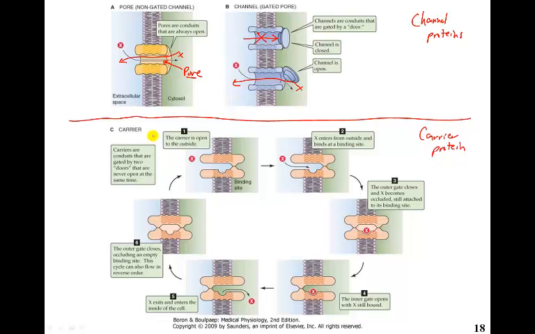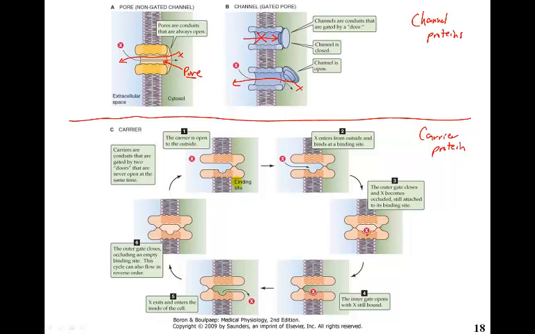Okay, and then we have the other kind of protein that is involved in passive transport across membranes, what's called a carrier protein. A carrier protein does not have a pore. This is a transmembrane protein, but there's not a hole that goes straight through it. Instead, for a solute to make it through a carrier protein, it first has to come in to the protein and bind to a binding site.